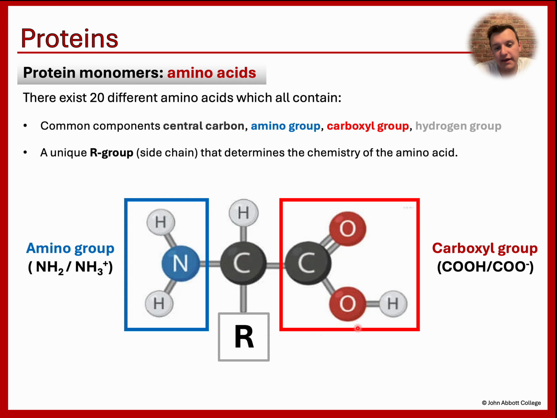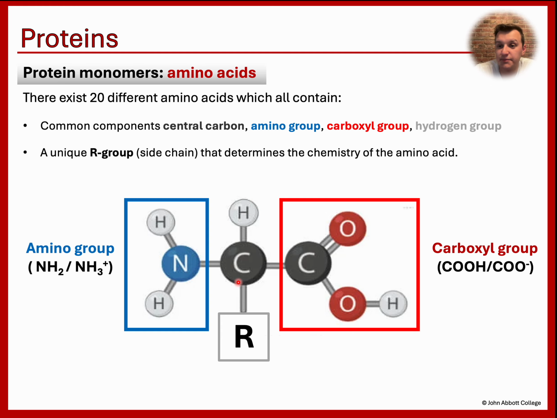On the other side, you will have the carboxyl group, because there is a carbon and an oxyl group, right? Oxygens will be there. So COOH or COO minus. These are the two options that you might see. This is the carboxyl group that we see here. So there's an amino group and a carboxyl group that are linked to the central carbon, and there's a hydrogen that's linked to the central carbon.